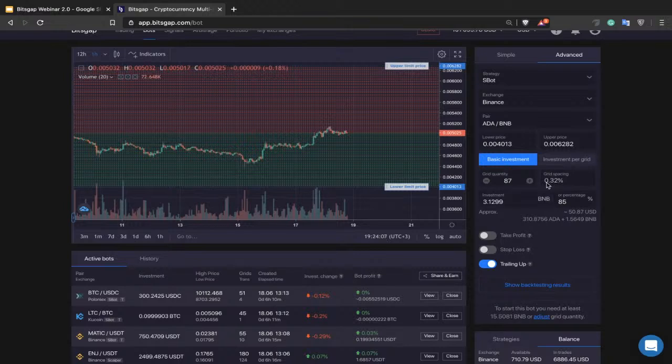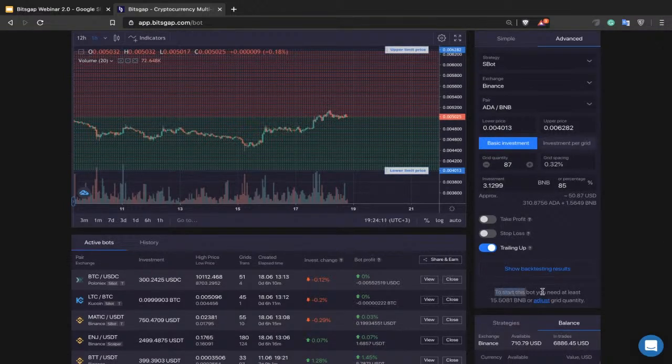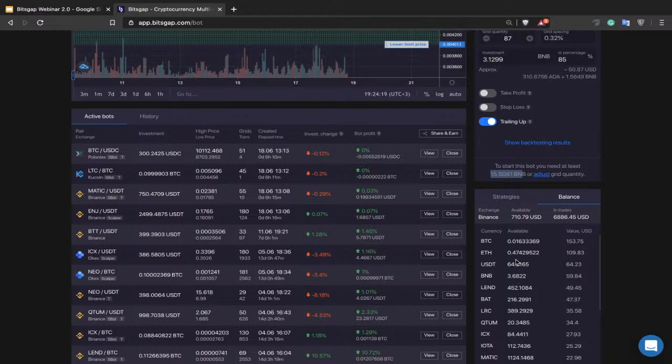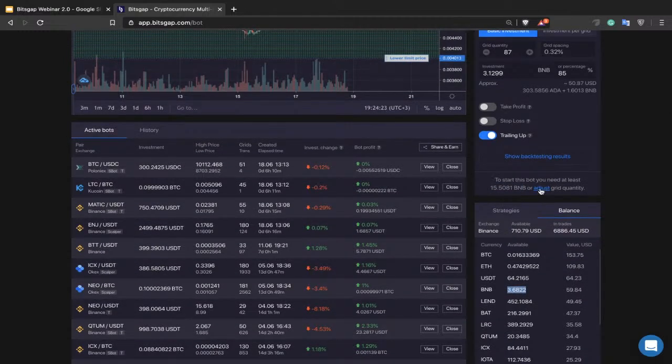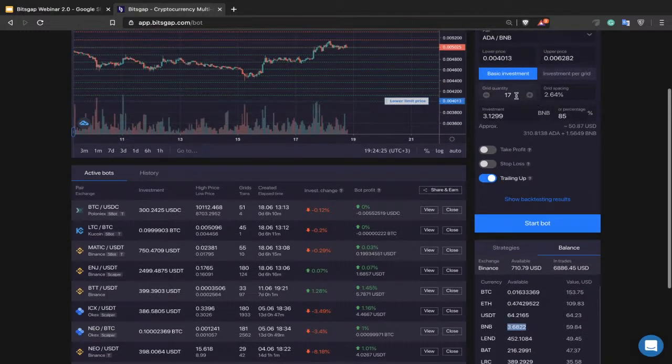But notice that I don't have enough to launch the bot, and the system is telling me that to start it, you must have at least 15 BNB. I actually don't have that amount of BNB, I only have 3.6, so I'm going to click on adjust, and instead of 87 grid levels, I now have only 17.